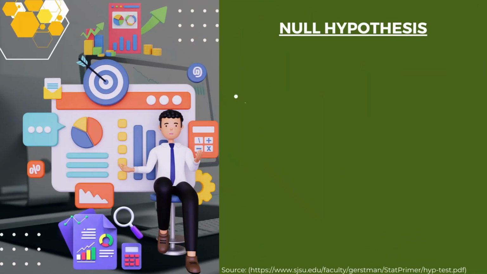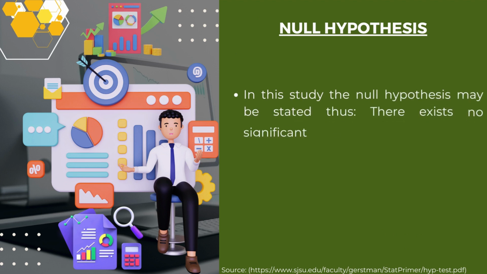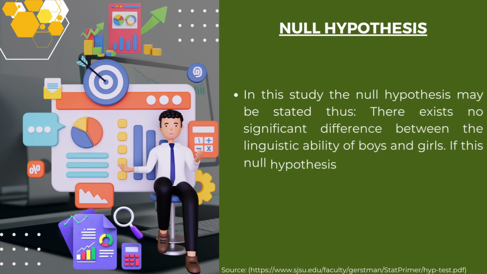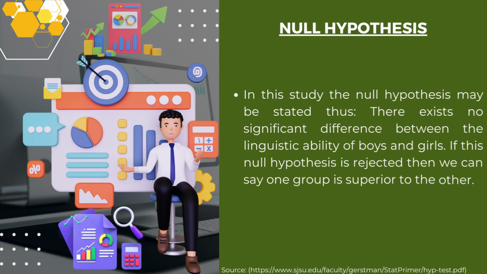In this study, the null hypothesis may be stated thus: there exists no significant difference between the linguistic ability of boys and girls, and if this null hypothesis is rejected, then we can say one group is superior to another group.